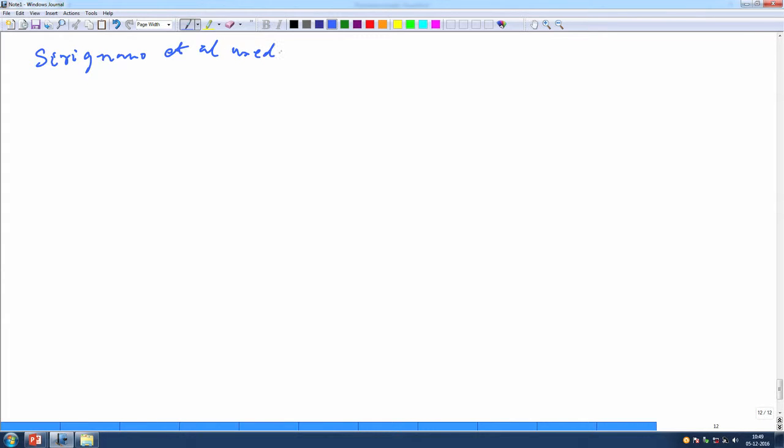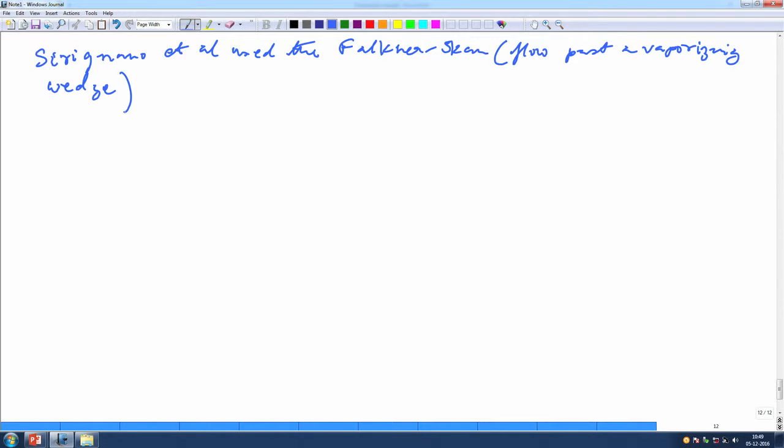They used the Falkner-Skan type of solution, which, let me reiterate, is flow over a wedge, basically flow past a vaporizing wedge. So it is a laminar boundary layer that is actually formed. In those cases there are some restrictions on the BT and BM.